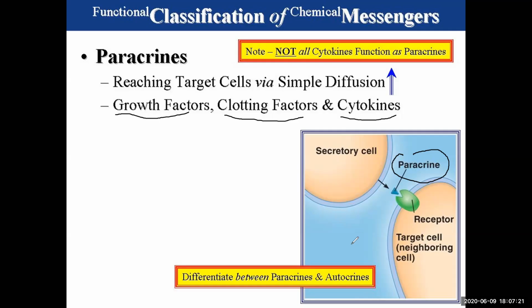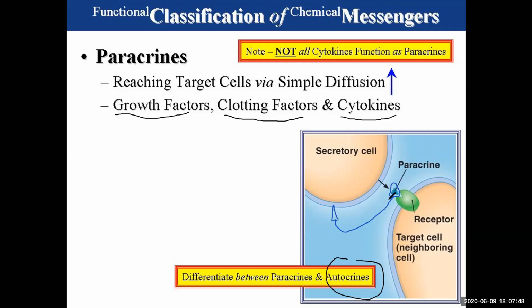There's another chemical messenger type called autocrine. Autocrine means it's the same messenger here, but instead of targeting the target, it goes back and it affects the cell that releases it.